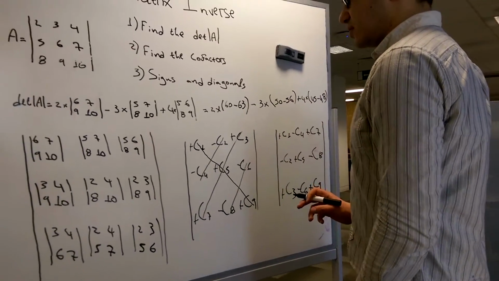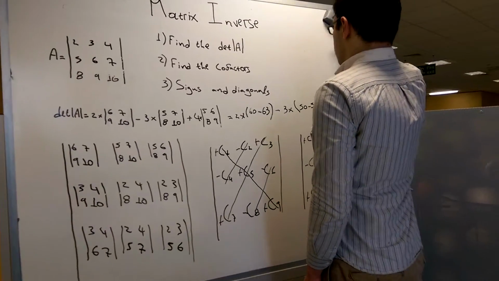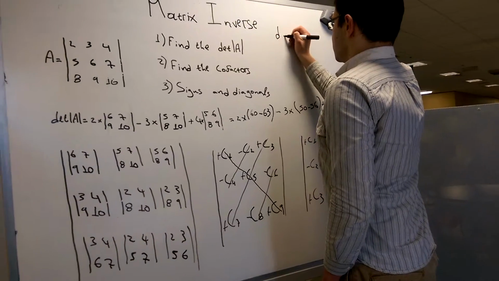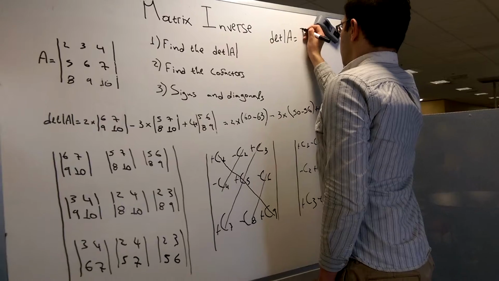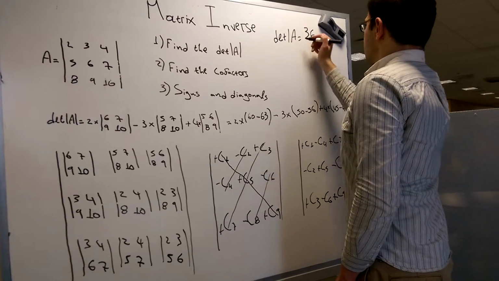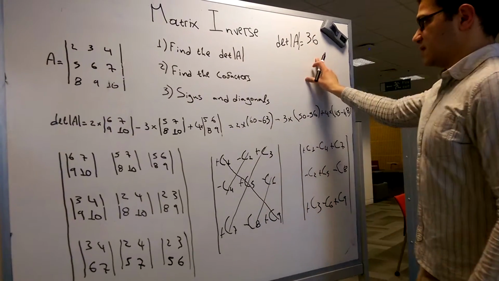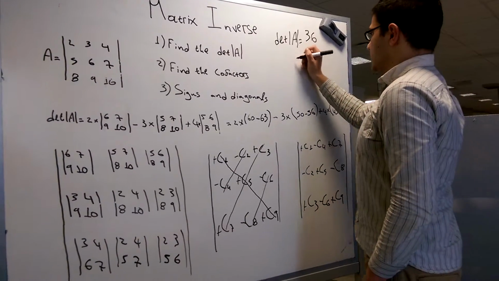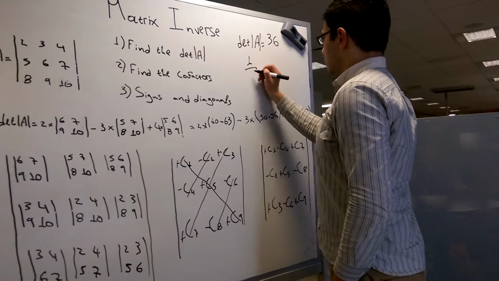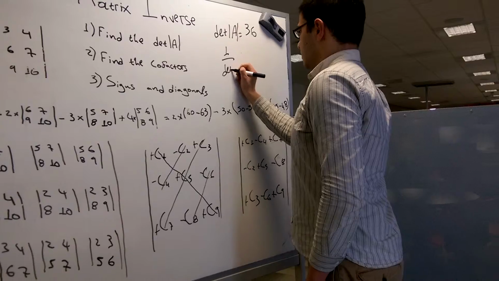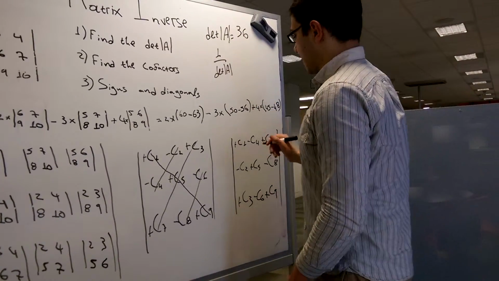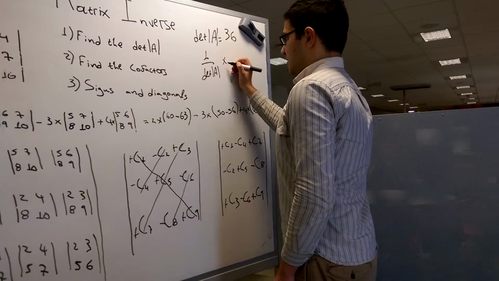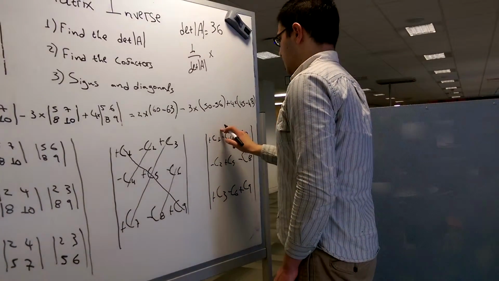Then take your determinant, which was det of A equals minus 36. You say 1 over the determinant of A, so 1 over minus 36, and you multiply it with this matrix here.